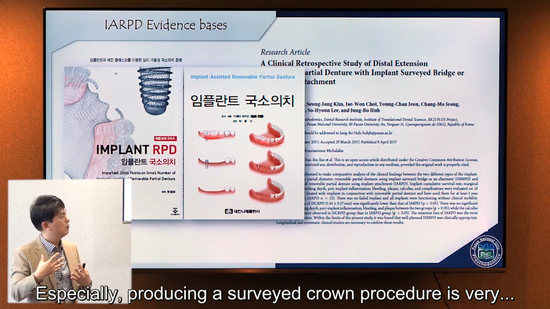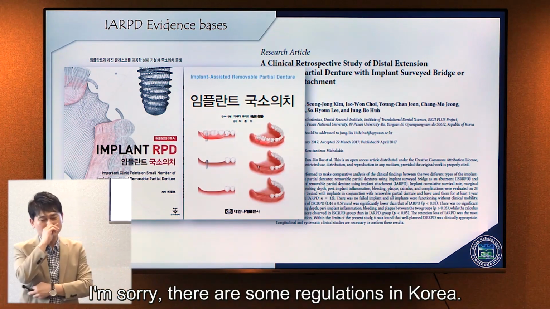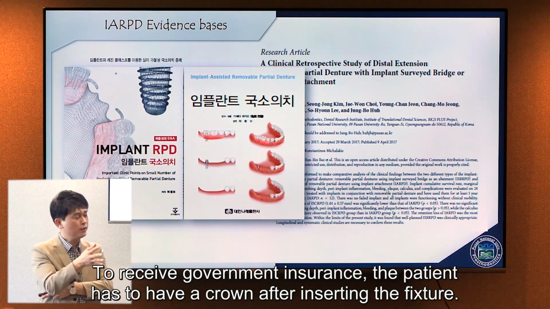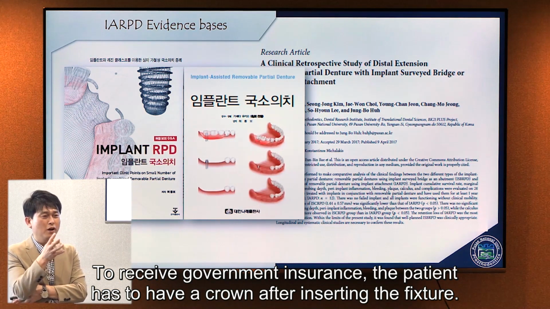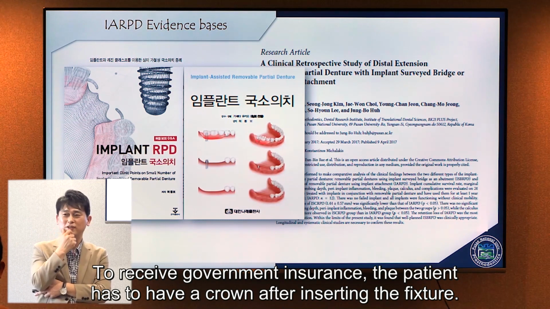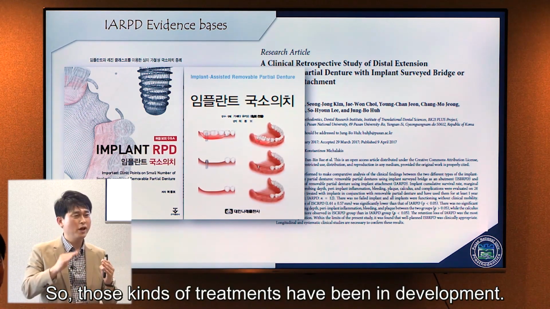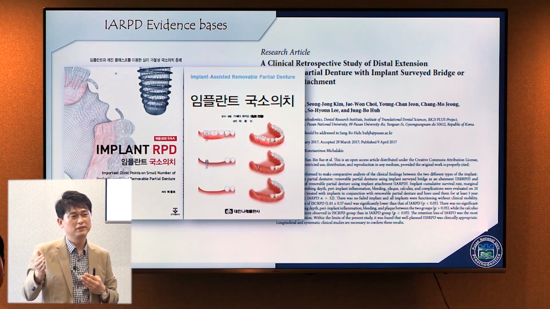Especially the surveyed crown making procedure, there are some problems in Korea. To get the government insurance, the patient has to make the crown after implant insertion in Korea. So this kind of treatment has been developed.